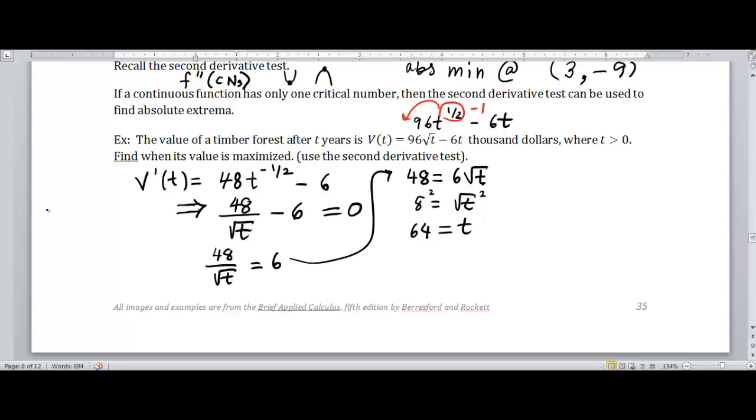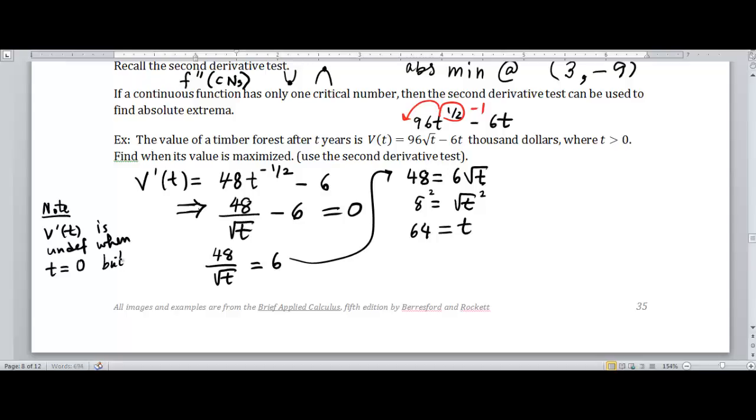Okay, and I'm going to put a little note here. Note: V prime of t is undefined when t equals 0. So the derivative is undefined when we have 0 in the denominator here, right? Square root of 0 is 0.